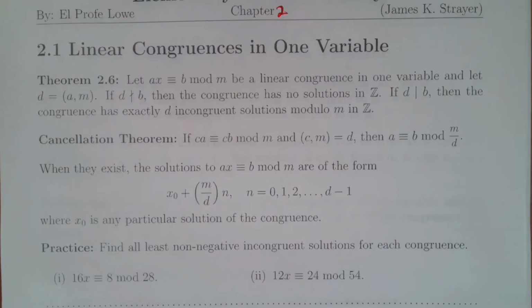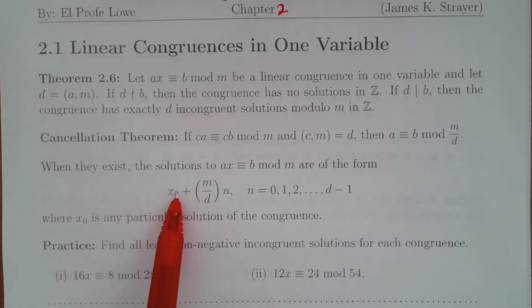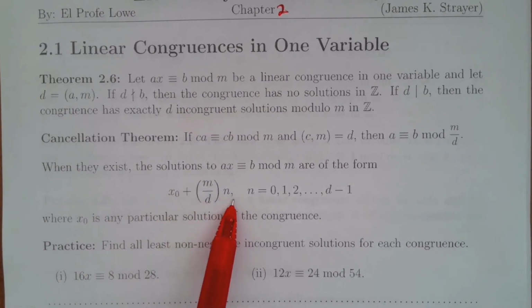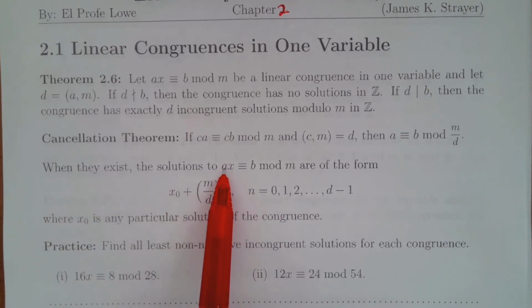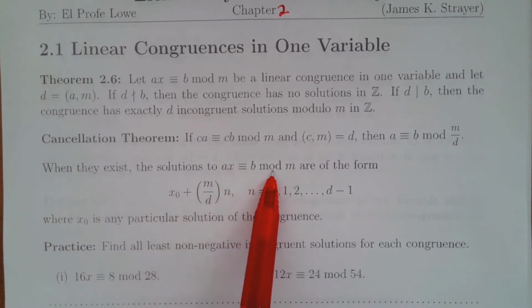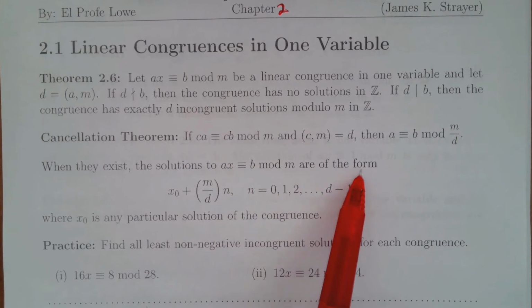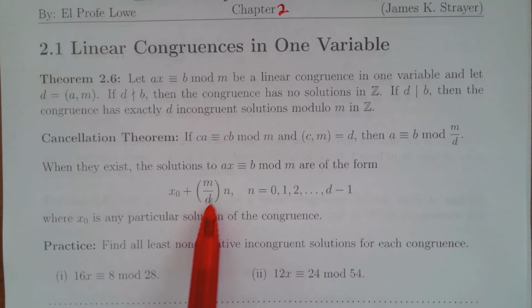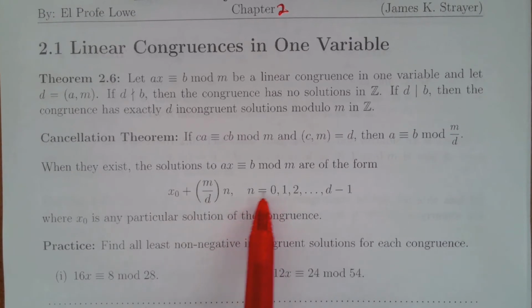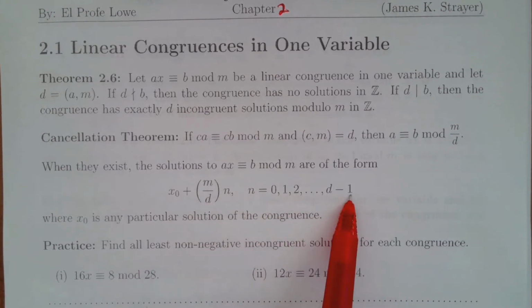That is going to help us in finding this x naught plus m over d times n situation. When they exist, the solutions to ax is equivalent to b mod m are of the form a particular solution plus m over d times n, where n is 0, 1, 2, all the way to d minus 1.